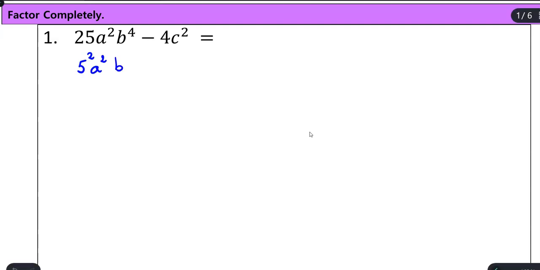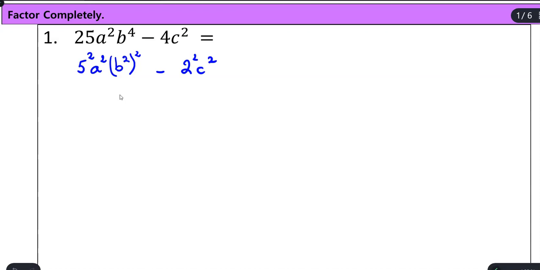I will write b squared, all of it to the exponent 2, because when I raise a power to an exponent, I multiply the two exponents. So b to the exponent 4 can be written as a perfect square of b squared, all of it in a bracket squared. I do the same thing for 4. I will write 2 squared c squared.